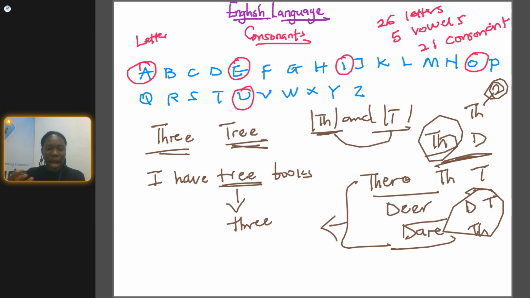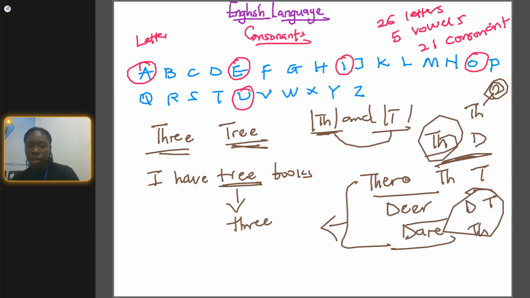It actually stops the air before releasing it. So while producing that consonant sound, the air from you stops before it's eventually released. So a consonant sound is a sound we make when something blocks or stops the air as we speak. All right, that's for consonant.